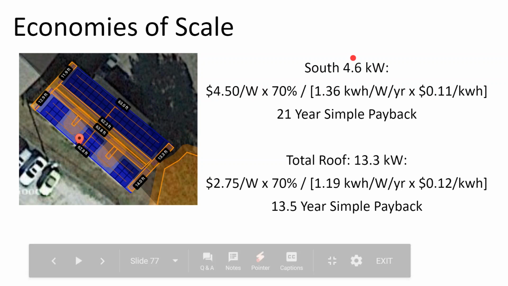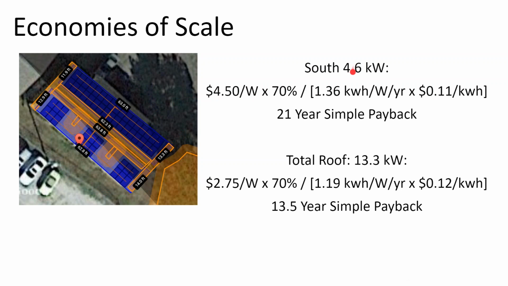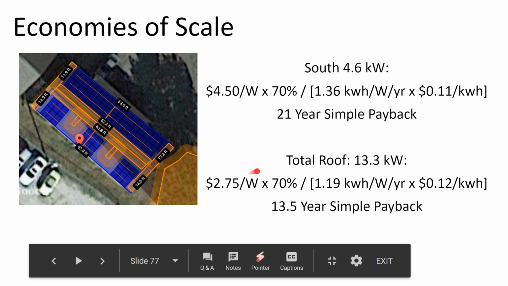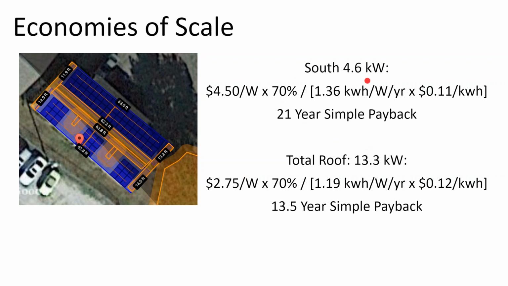So we would be looking at a 4.5 kilowatt array. That's a small solar array. There's a minimum amount of money that I have to make to get up onto a roof and put solar panels on it. So I might charge $275 a watt for a 13 kilowatt or $450 a watt for a 4.6 kilowatt.